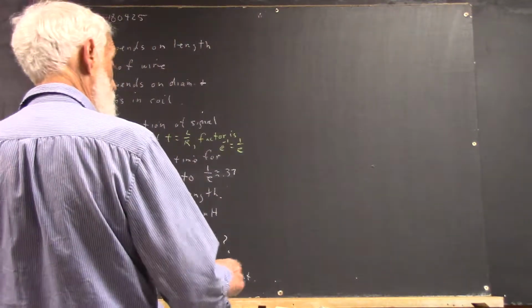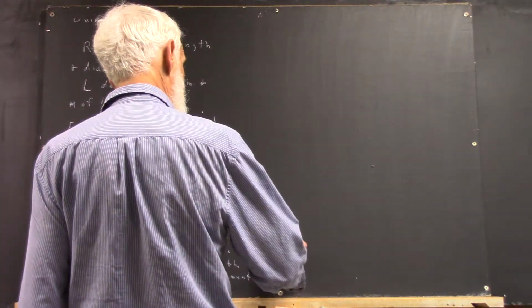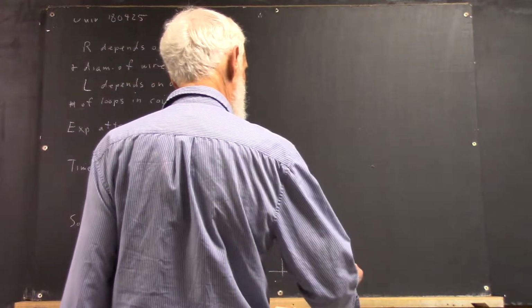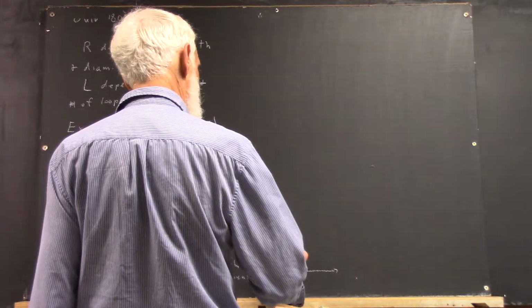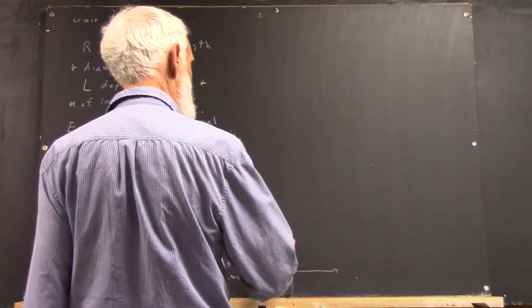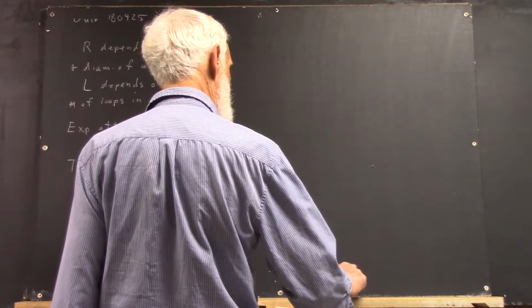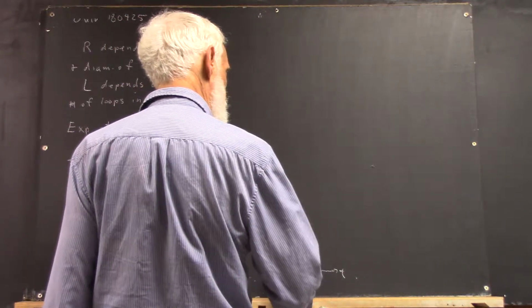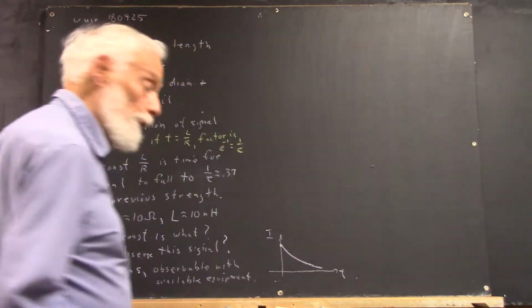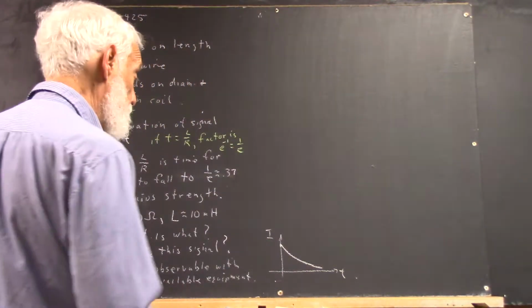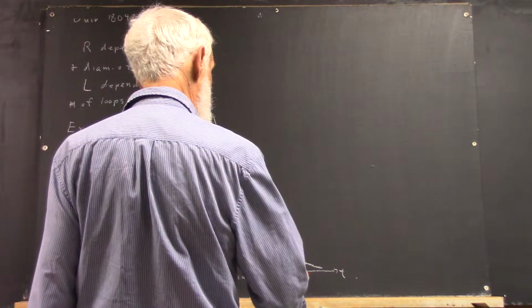And what you then get is, okay, if you have some initial current, it drops off like this, okay? 1 over e.